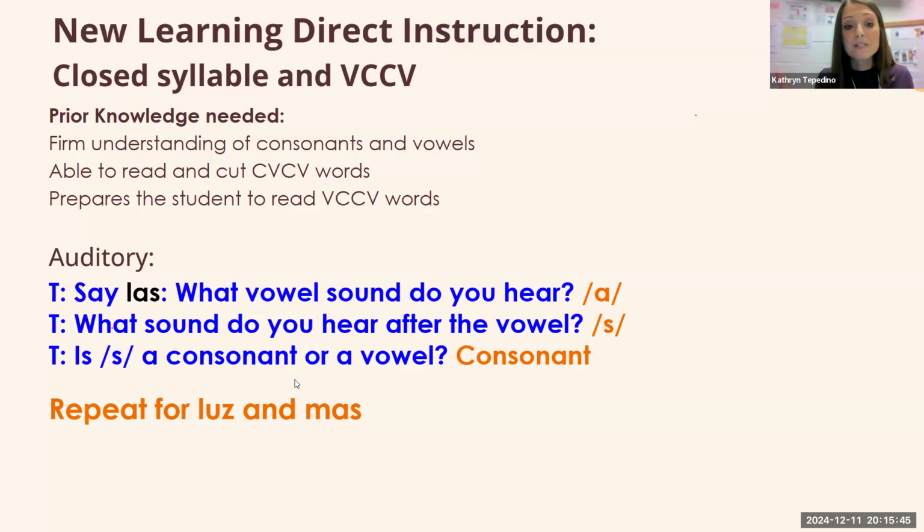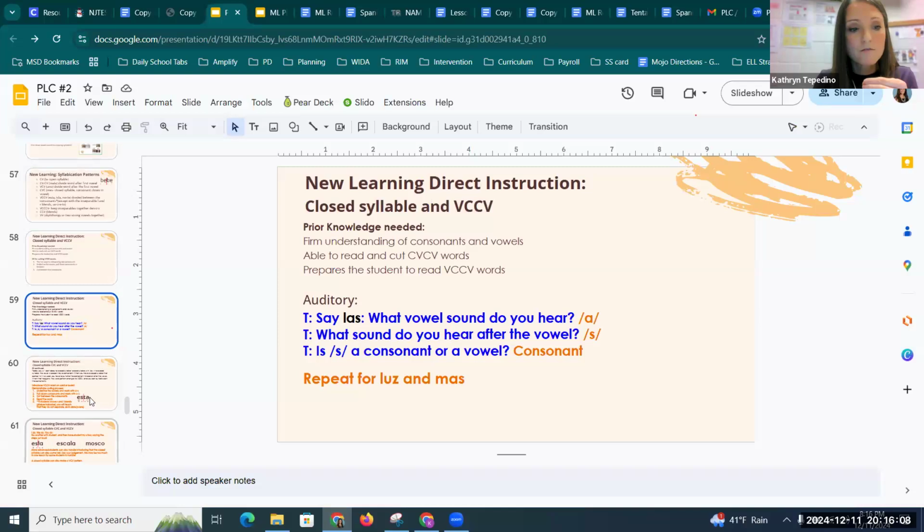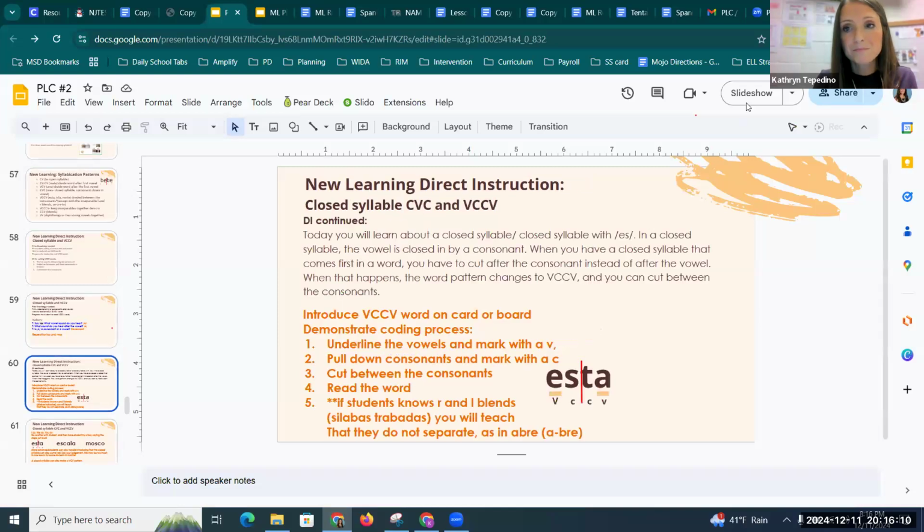And then you're going to say, what vowel sound do you hear? The ah. What sound do you hear after the vowel? S. And then you're going to bring to their attention, it's S. Is that a vowel or a consonant? It's a consonant. And we're just bringing their attention to the fact that now we have these closed syllables in the front of our words.